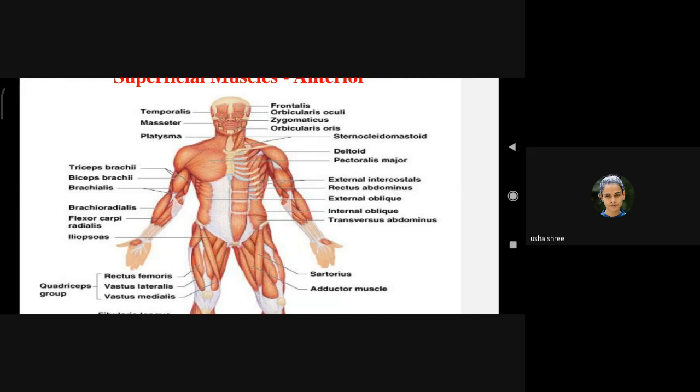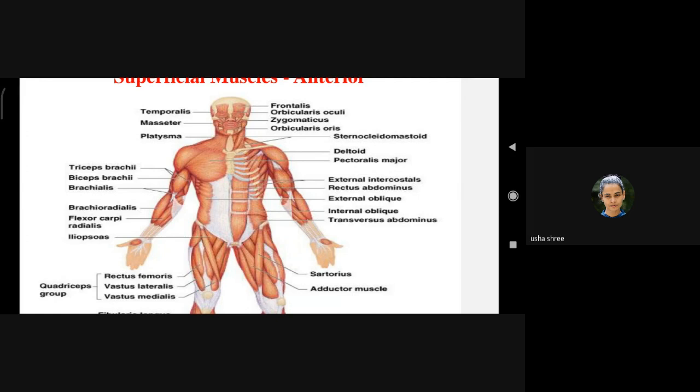Muscles are named after these three things only: as per their location, their function, or their shape. So rectus abdominis means this muscle is rectangular in shape.